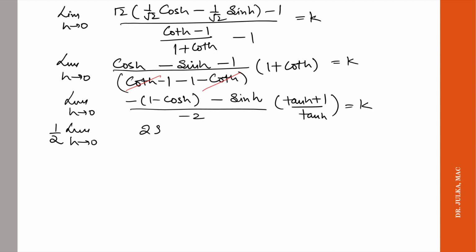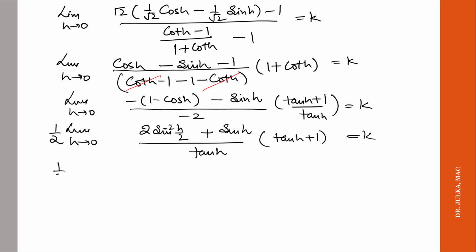And now take 1 by 2 common. 1 minus cos h formula is 2 sin square h by 2, plus sin h, the whole divided by tan h, and the whole multiplied by tan h plus 1. And now in numerator and denominator divide by h.